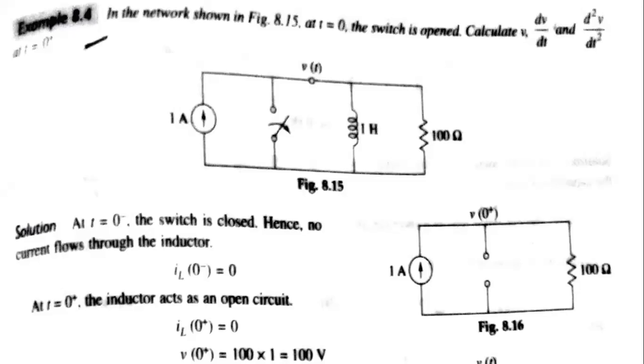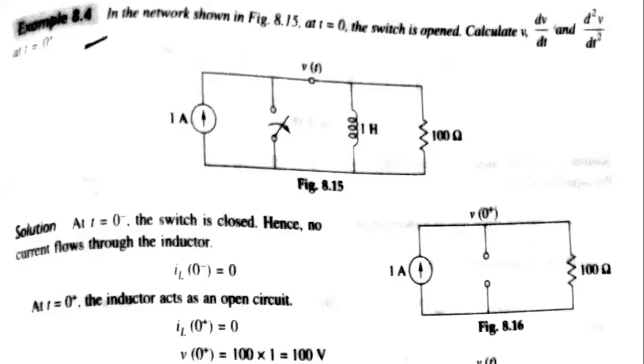If you observe the circuit, d square v by dt square at t equals 0 plus. We will remember in the series transient responses, or the series circuit simply, we were interested in the amount of current flowing through the entire circuit, which was the same in the series circuit.